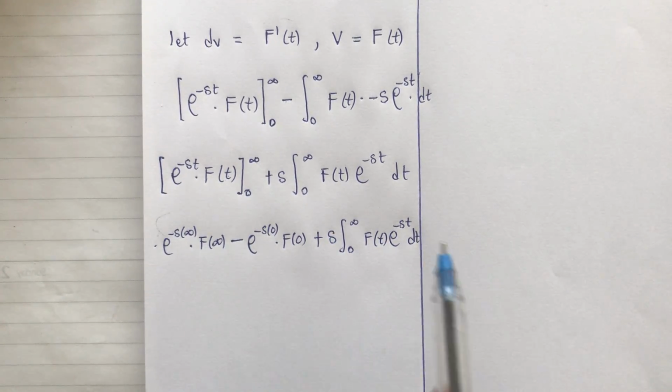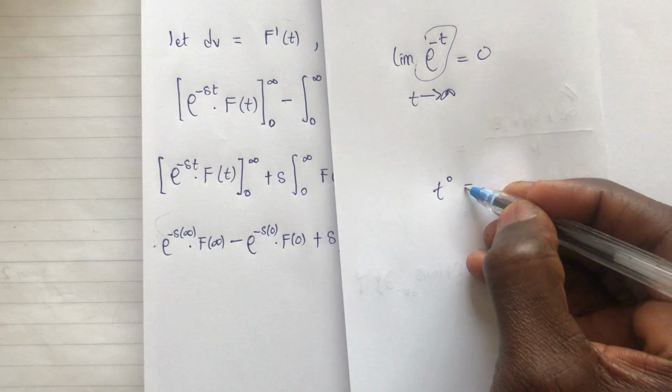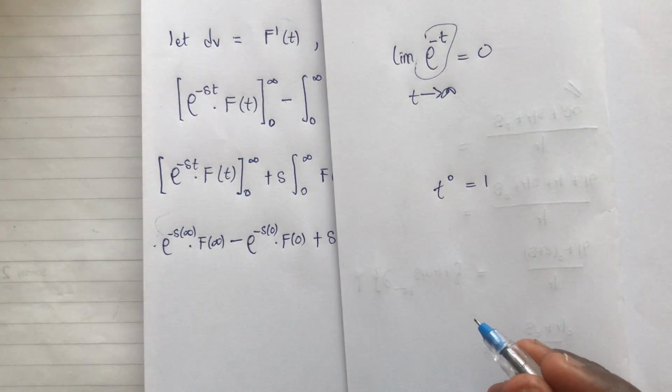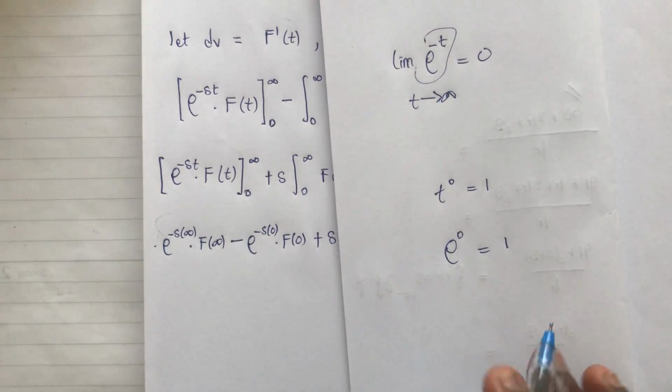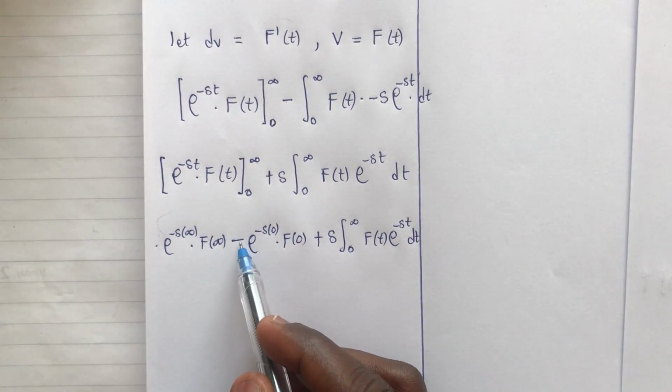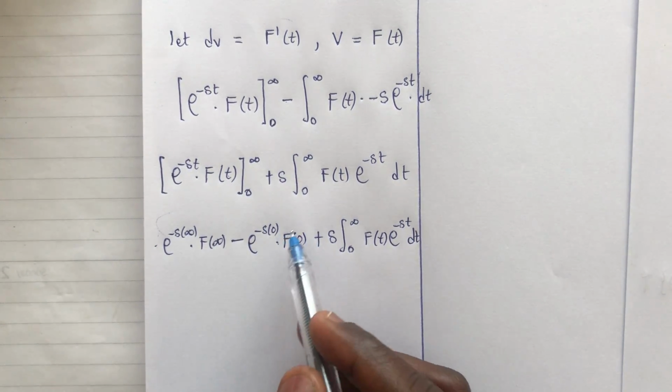But watch very carefully. This side, anytime you raise to the power 0, for instance, t to the power 0 is equal to 1. E to the power 0 is equal to 1. Okay, so this side we are getting negative 1 times f of 0. Remember, this is not 0.